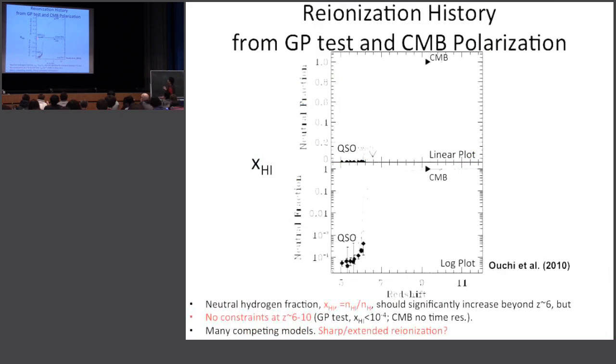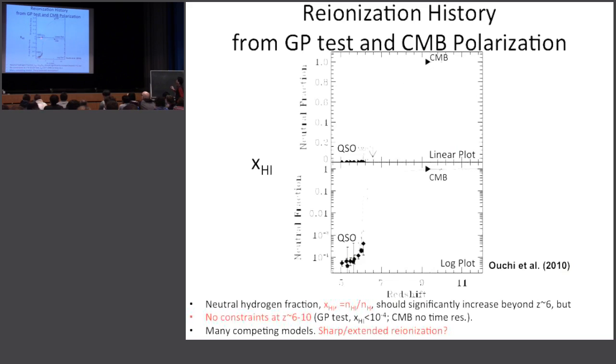So having the results of the Gunn-Peterson optical depth and Thomson scattering optical depth, there are some constraints on the history of the cosmic reionization, or the XHI evolution. Now, cosmic reionization completed at redshift around 6, and there's a lower limit on the cosmic reionization from the tau instantaneous model.